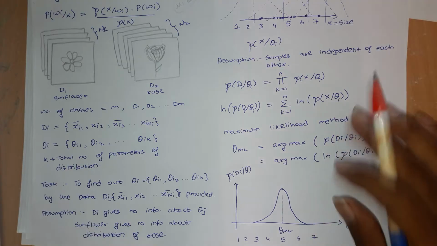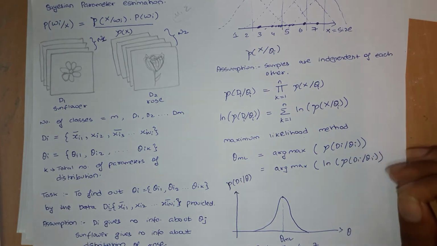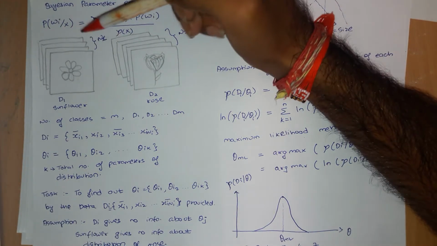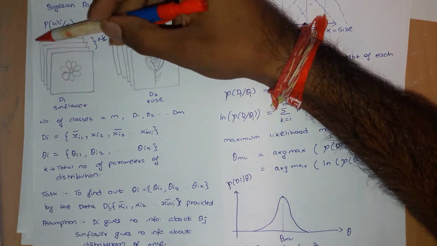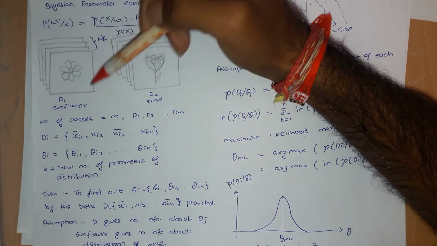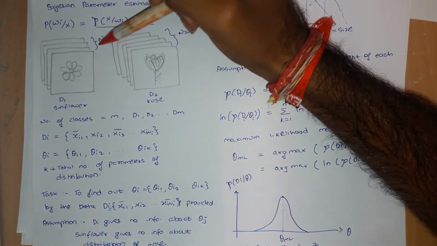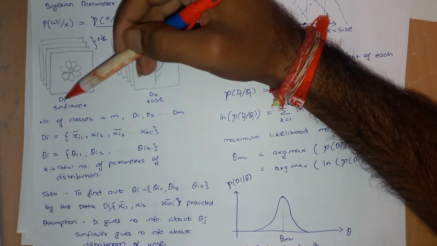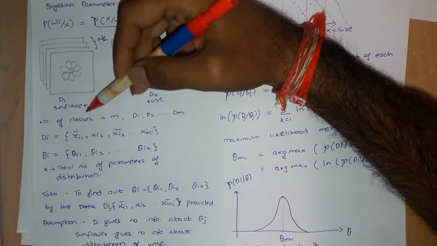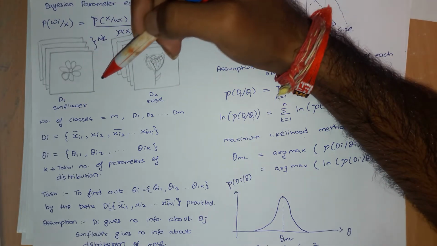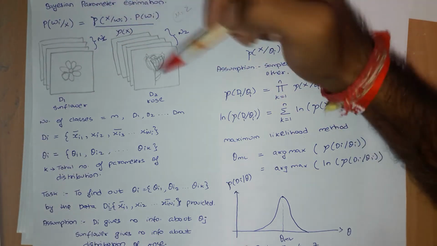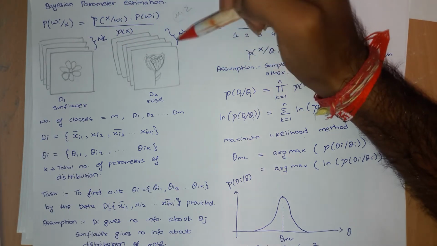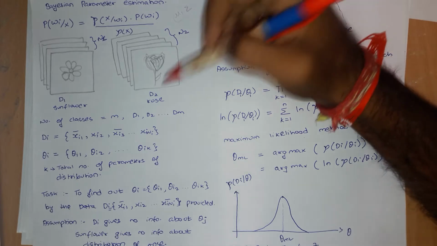So let us see what is the Bayesian parameter estimation. Let us consider the whole set of images. Now I have n1 images of, say, sunflower, which is one of my classes. And say I have n2 images of rose.